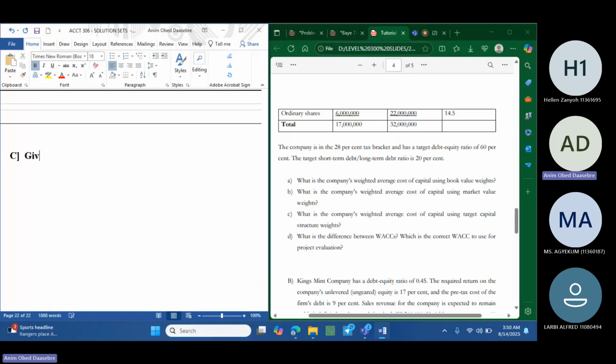So given that debt to equity is 60%. Short-term debt to long-term debt is also equal to 20%.